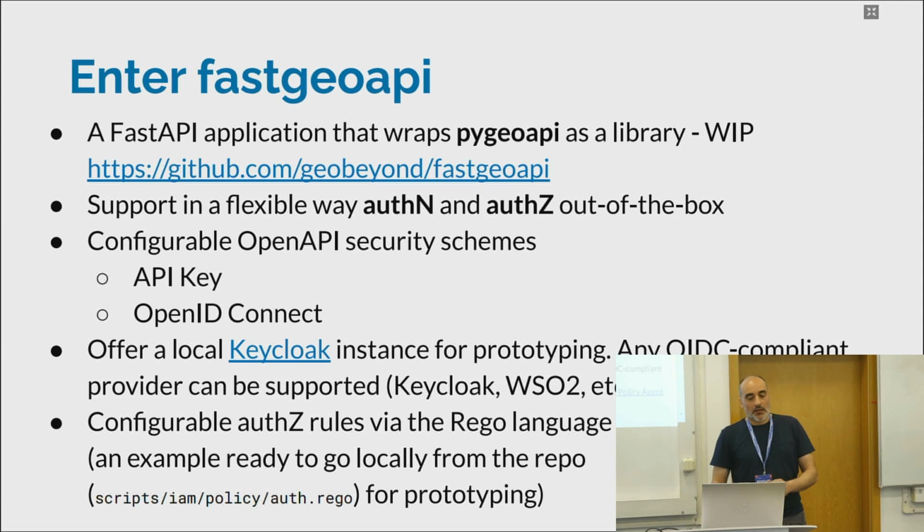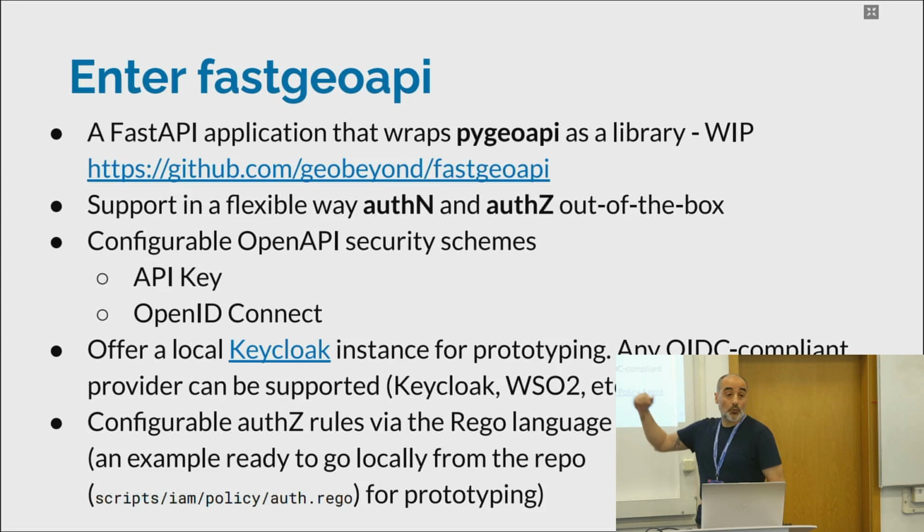Together with Keycloak, in fastgeoapi we added a very specific tool, Open Policy Agent, that allows you to program policies as code. I'm going to show you. It is a Golang binary server.